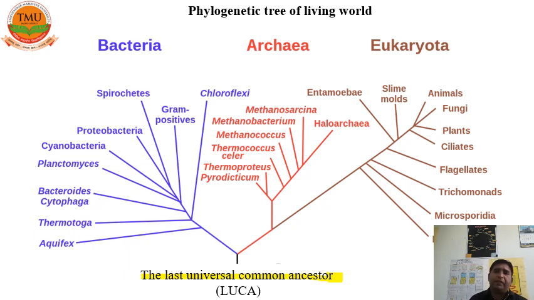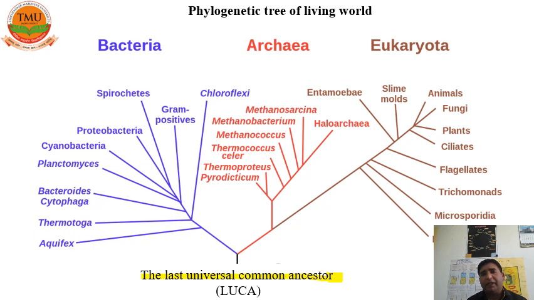A human being is not an isolated and special kind of species, but is one of several types of species like bacteria, archaea, fungi, several types of plants, several types of animals.